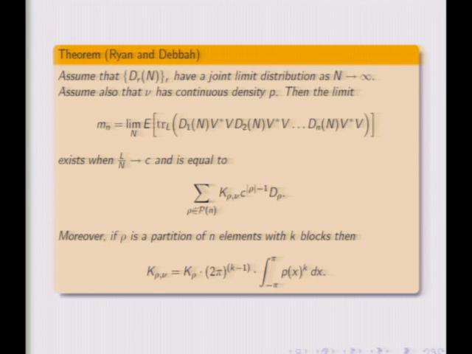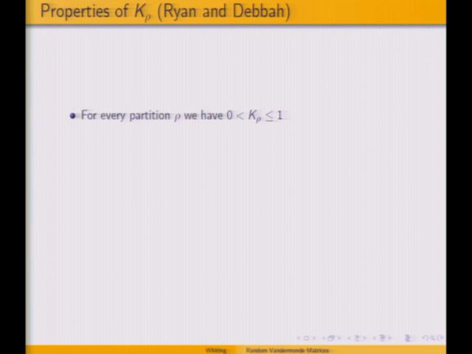Now suppose that we have some other distribution, say p of x. What would be the cumulant for that? And the answer is that it would be this quantity here. So once we've done the hard work of working out cumulants for the uniform case, we can work out the cumulants for arbitrary continuous distributions with this density. So that's nice. That means that if we understand the uniform case, we can work out the moments for other cases too.